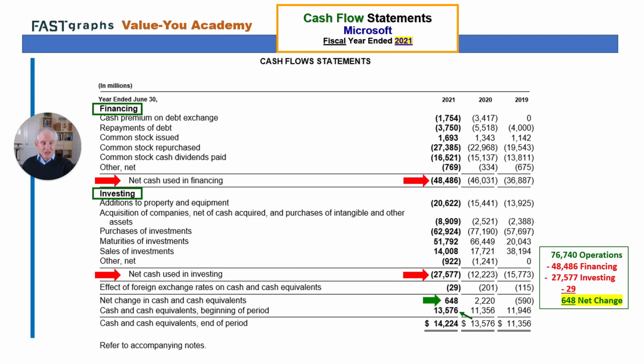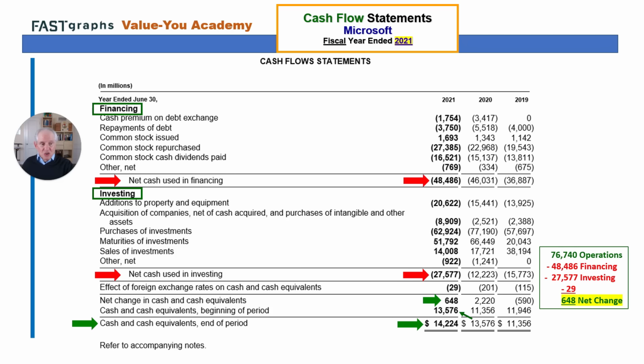You can see they were left with 13.6 in real cash in 2020. That moves to the beginning cash for 2021. And now we just generated another 648, giving us the bottom line of 14,224. You see that number at the top of the assets on the balance sheet.